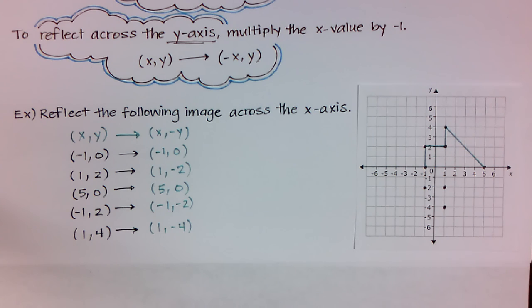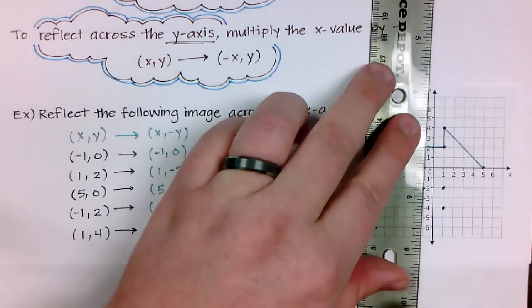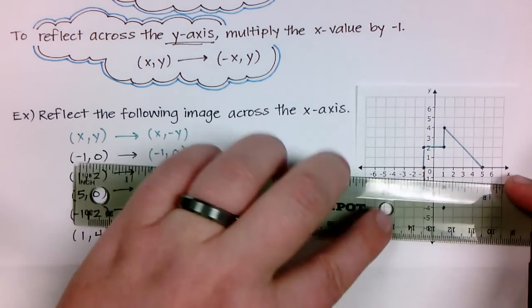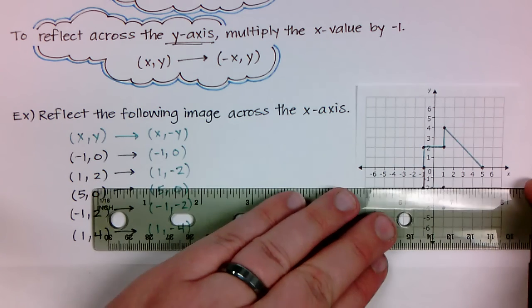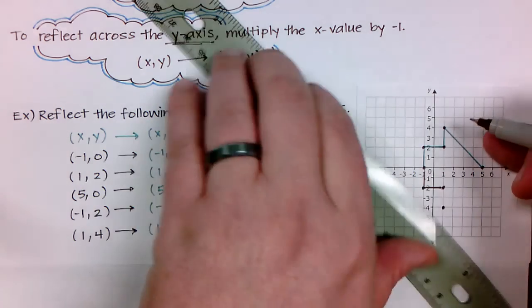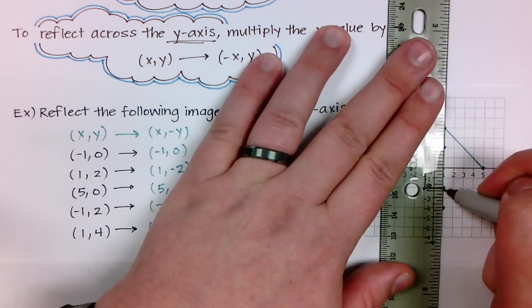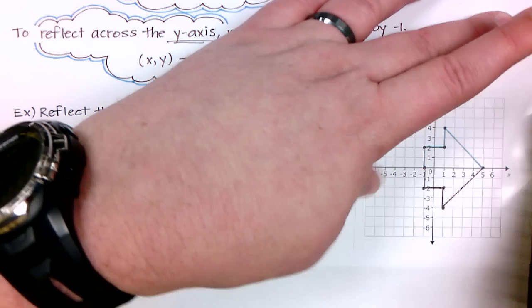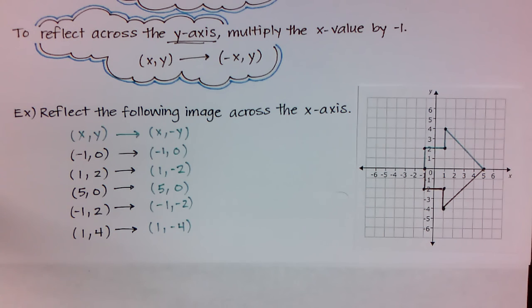Now let's go ahead and connect those dots. You should be able to draw a perfect reflection of this top image. And look at that, I have an arrow. Pretty awesome. Okay, so this is something else that you might be asked to do in today's lesson.